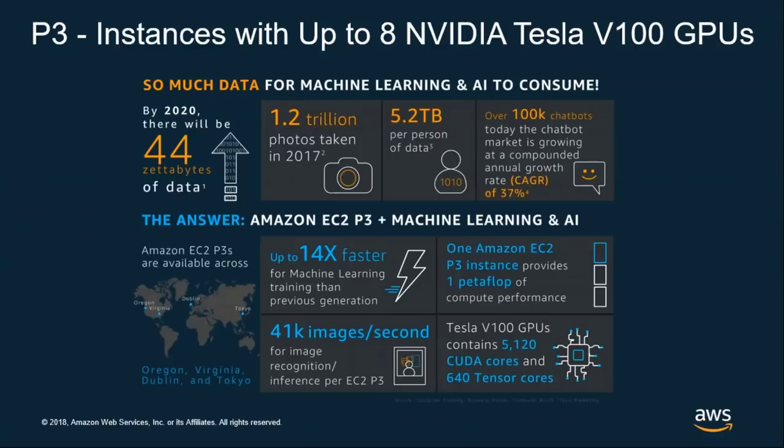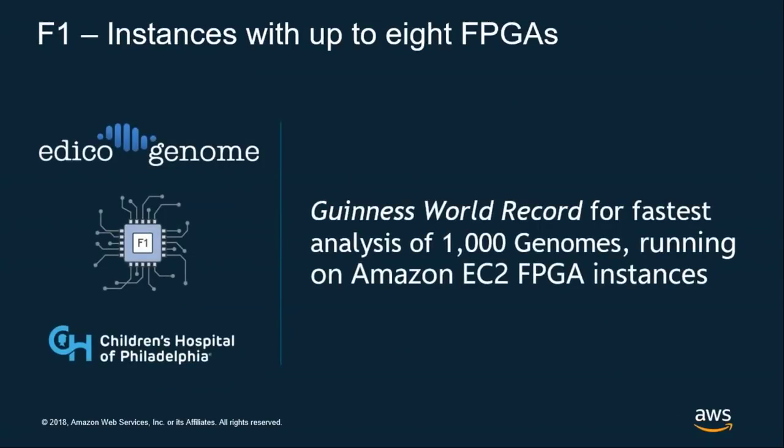And so we've obviously been innovating very hard. Another example of a more recent instance that we launched is the F1. The F1 instance type was the first instance type that EC2 offered with a field programmable gate array. And so the F1 has up to 8 FPGAs per instance.